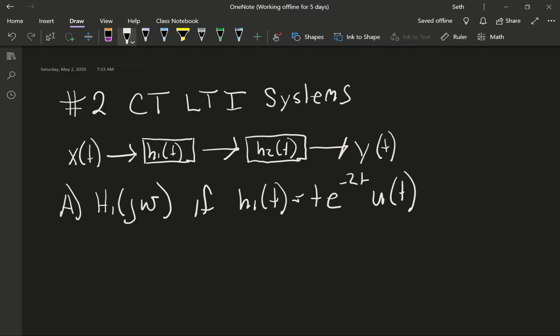So this is straightforward. Just go to your table of Fourier transforms and crank it out. So H1 of j omega on the Fourier transforms is in table 4.2.